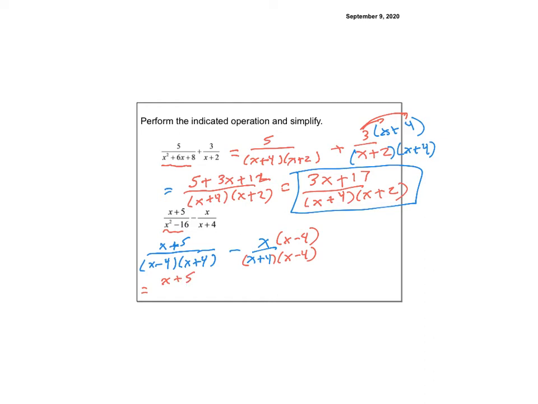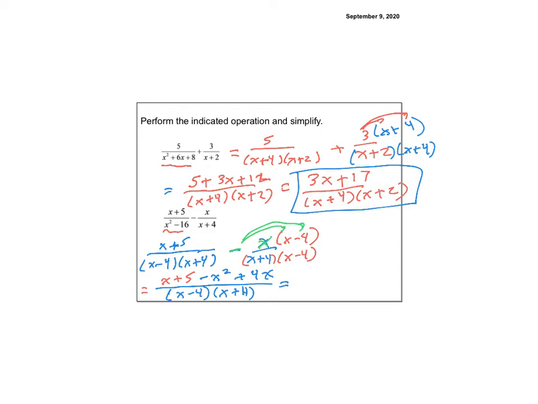And on this one, we are going to distribute that minus x through the parentheses. So we get a minus x squared and then a plus 4x, since a minus x times a minus 4 gives us a plus 4x, all over the common denominator of x minus 4, x plus 4.